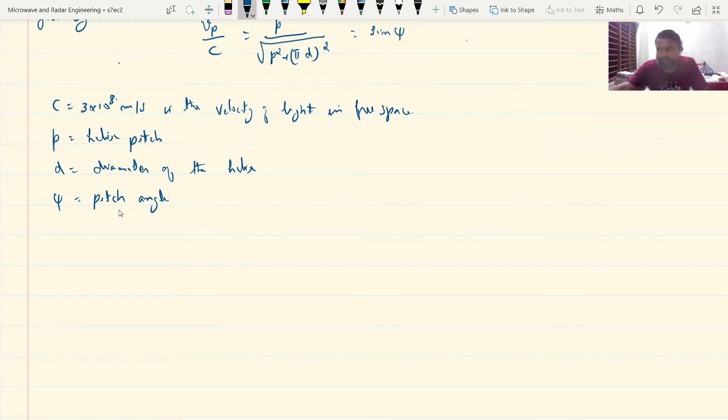So in general, the helical coil may be within a dielectric filled cylinder.